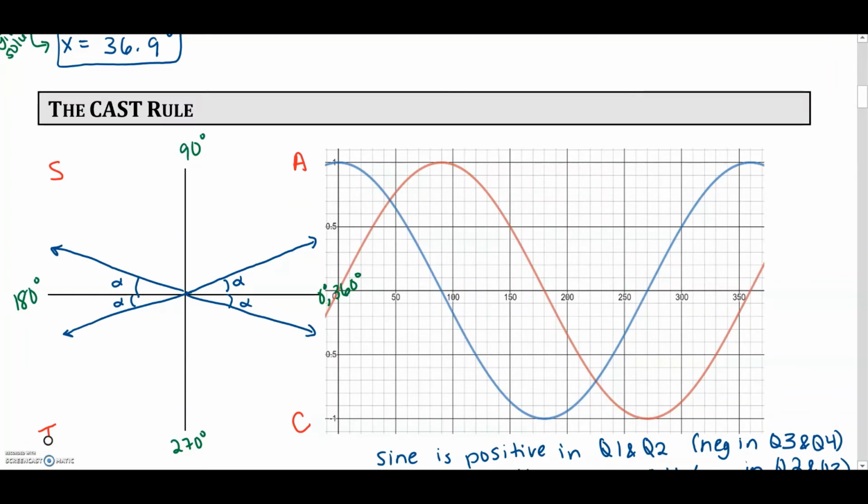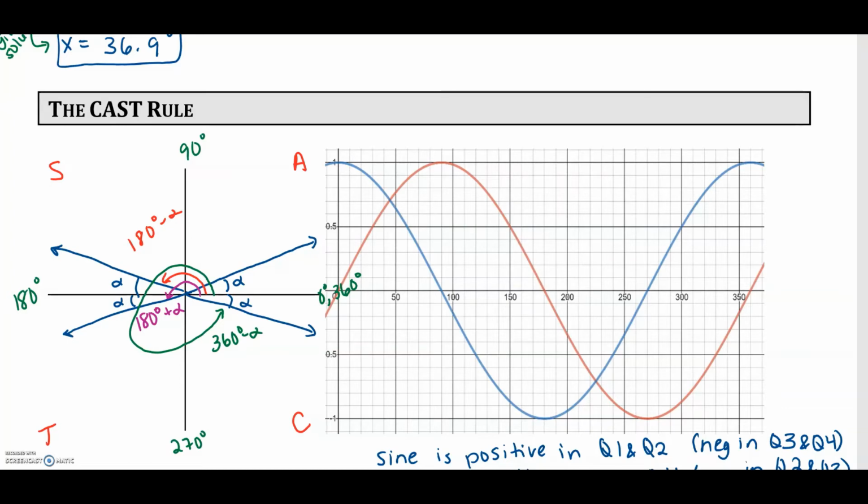In quadrant 2, we can express the angle as being 180 degrees minus alpha degrees. In quadrant 3, we get 180 degrees plus alpha, and in quadrant 4, we get the angle shown as 360 degrees minus alpha.